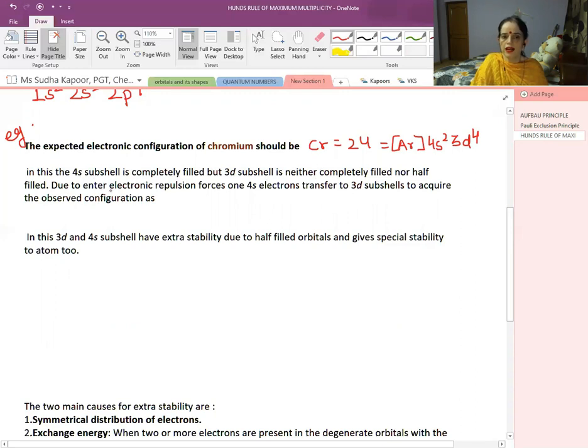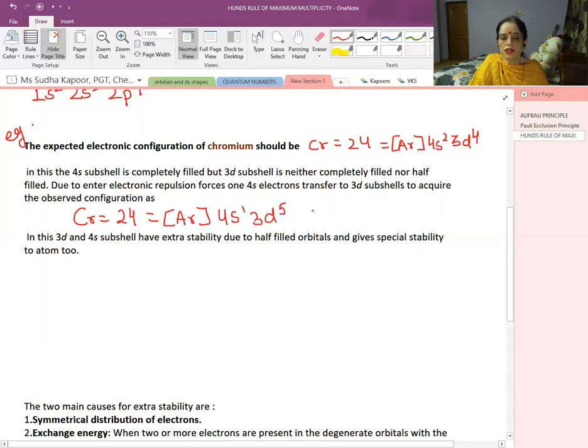Now due to the electronic repulsion forces, one 4s electron transfers one of its electrons to the 3d subshell to acquire the observed configuration. Now students, see what happens when the 4s transfers one electron to the 3d. Chromium 24 can be represented as argon 4s1 and then 3d5.